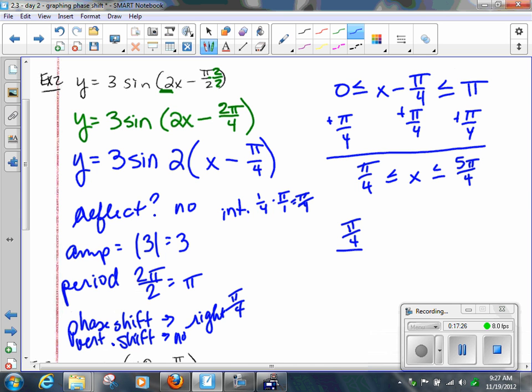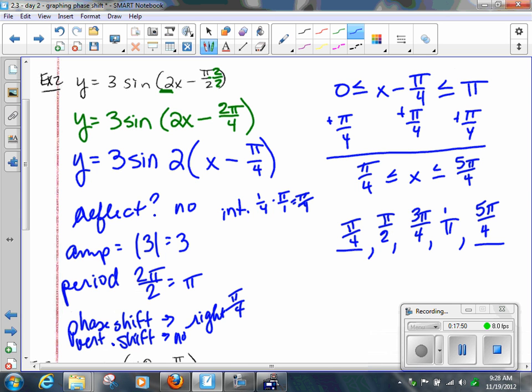So our first one will be 1/4, 2/4, which is actually pi over 2, 3/4, 4/4, which is plain old pi, and then 5 pi over 4. Yes? All right, sometimes you don't have to go through all the work.